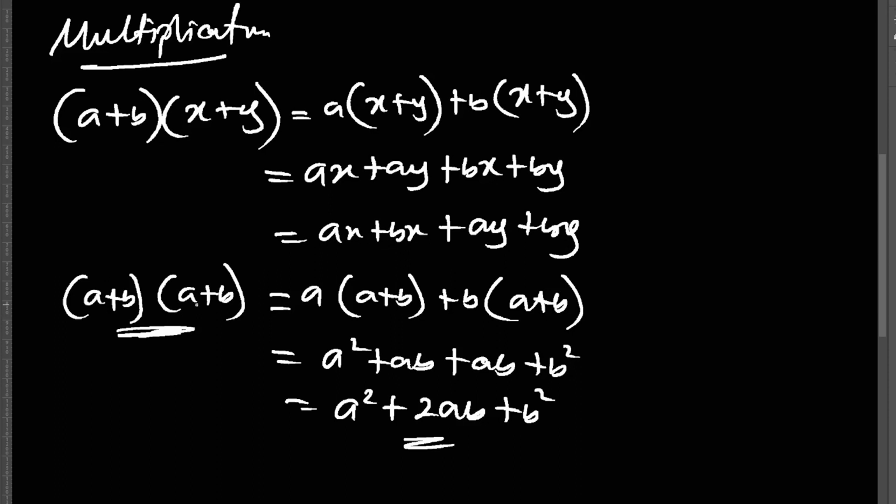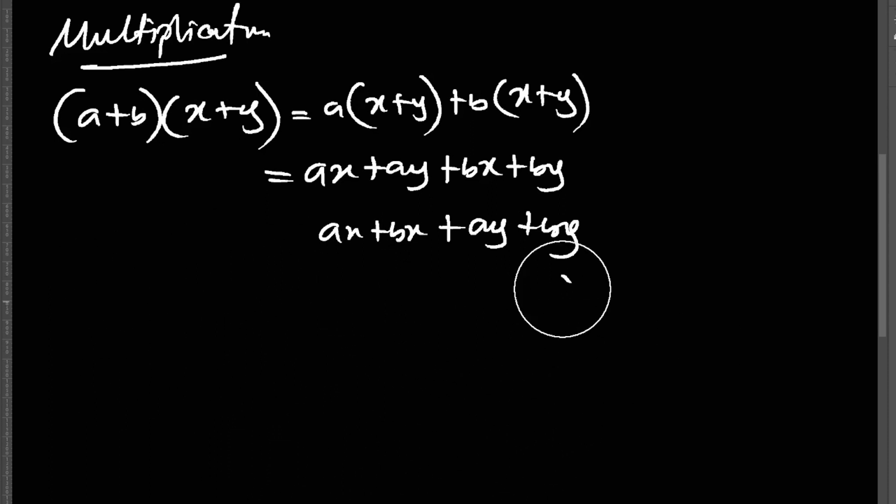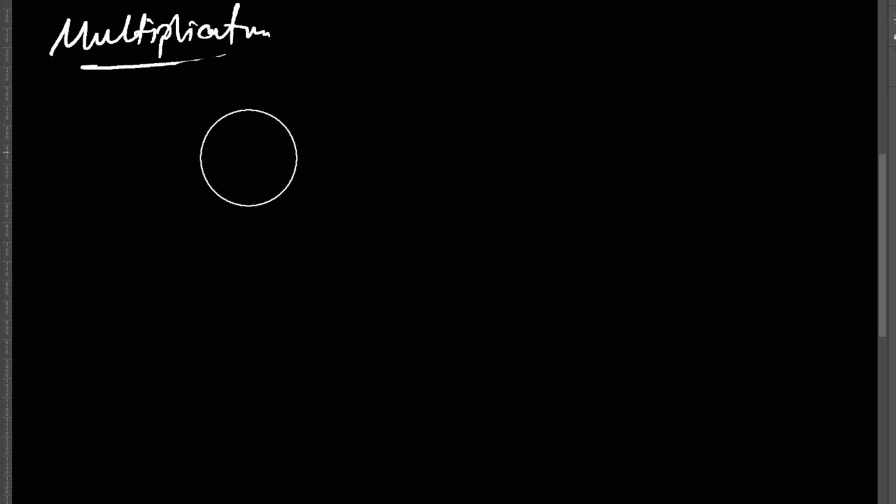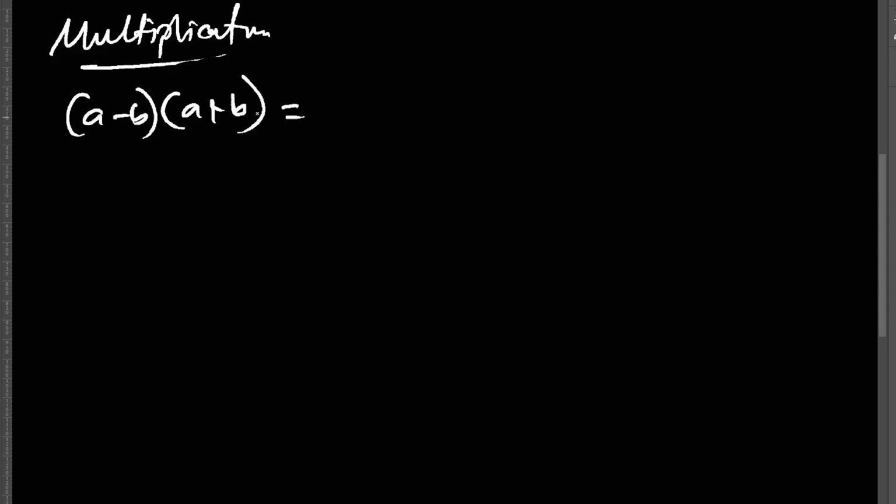Now let's take things slow. What if I have this particular one here? Let's say I want to show the difference of two squares, because this one is often used. If I have something like a minus b into a plus b, I'm going to distribute this over this, and you can distribute the other one over this also.